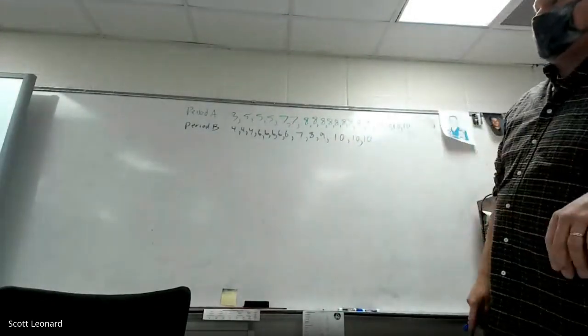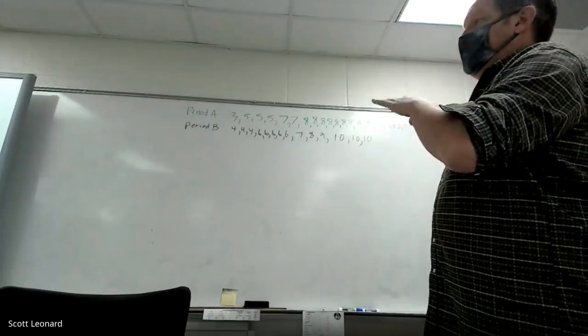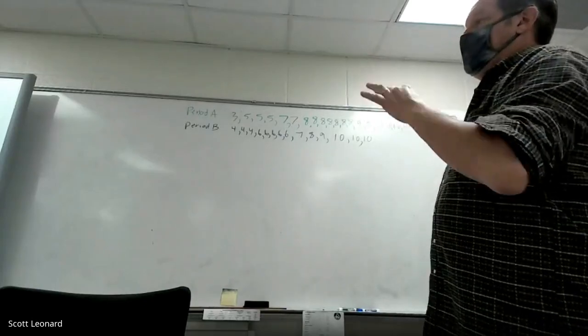So right now what you're doing is your 5-number summary for each one: min, max, median, Q1, Q3, range, IQR, and outlier.